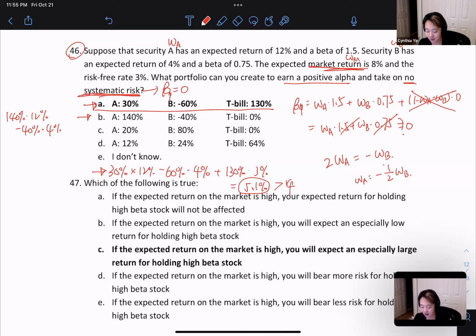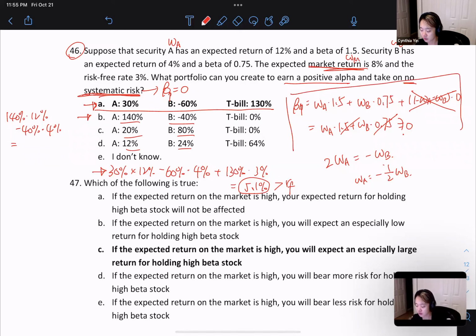Actually, yeah, the return is irrelevant. You can still calculate it, but it's irrelevant because this portfolio, like all of the other B, C, D portfolios, does not have beta equal to 0. Because if you only invest in A, B and Treasury bill, if you want your portfolio beta to equal 0, you have to satisfy this relationship.